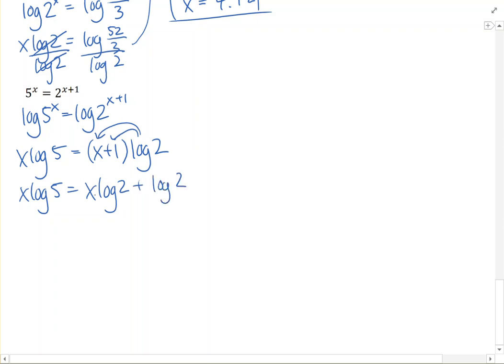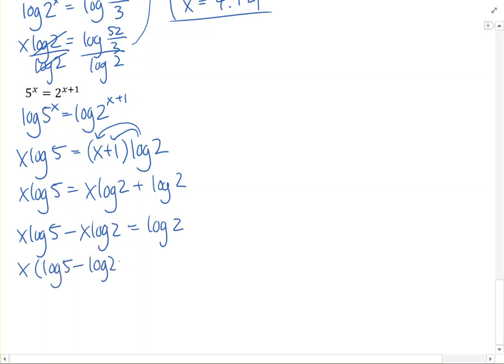Now we have those x's isolated on their own, so we're going to move them all to one side. Everything with x will move to one side. Minus x log 2 equals log 2. And we're going to factor out that x, so it could be all by itself. So x(log 5 minus log 2) equals log 2.